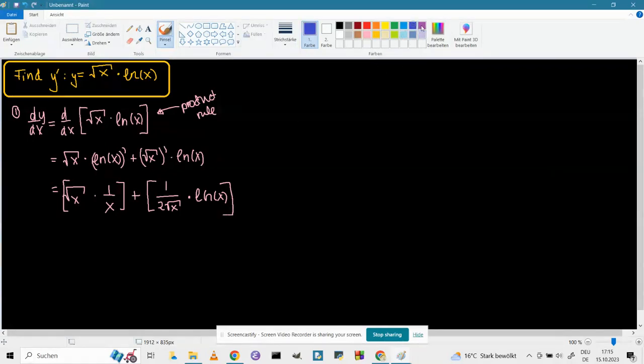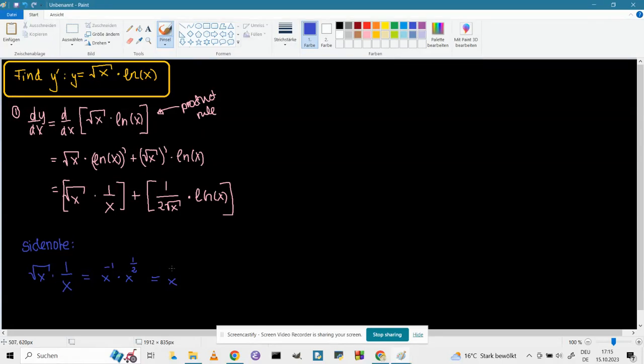Now the next thing that we're going to do is a little side note. I don't know how obvious this is to people. The square root of x times 1 over x is x to the 1/2 times x to the negative 1. Now when you multiply the bases, the exponents get added.